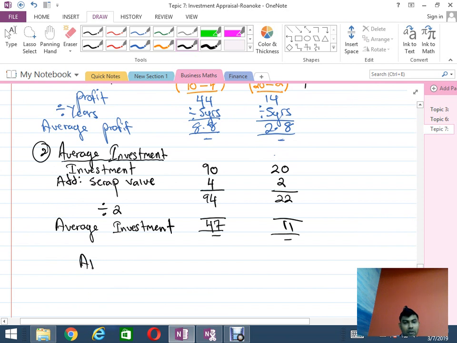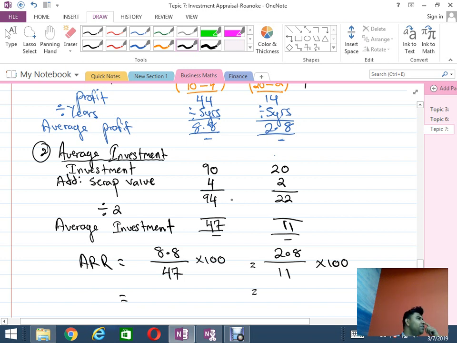Okay, we are done. Now we can work out the ARR. So what do you do? For project A, take your average profit divided by 47, then you times 100. And here it's 2.8 divided by 11 times 100. This one you have to use a calculator.